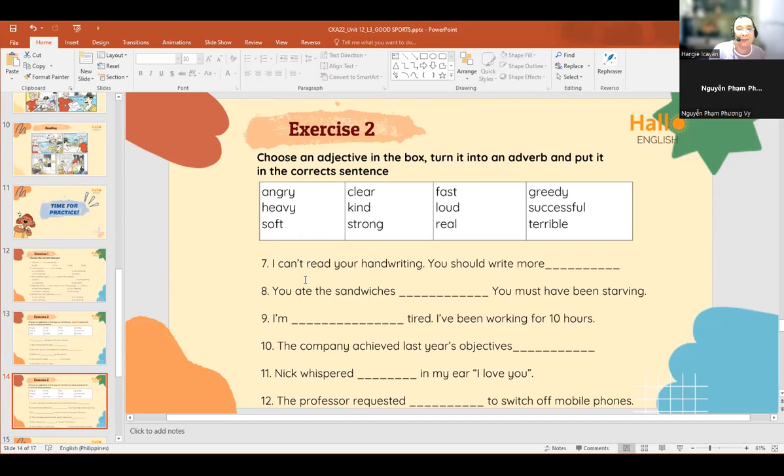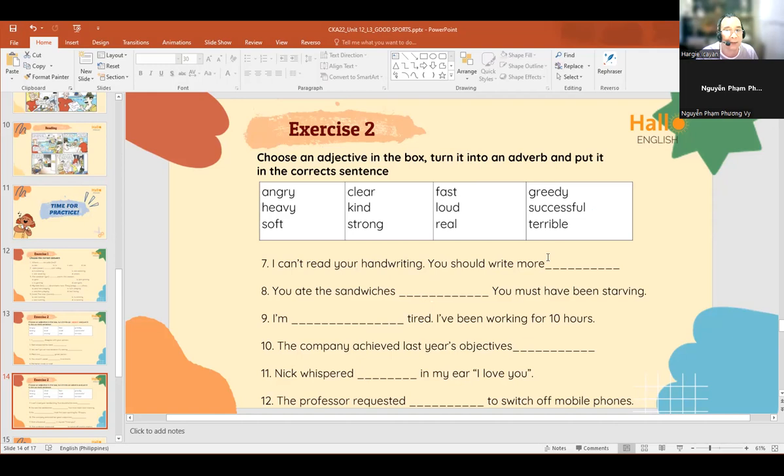Number 7, V. I can't read your handwriting. You should write more. Because you cannot read the handwriting of that person, so you advise him that he should write more.